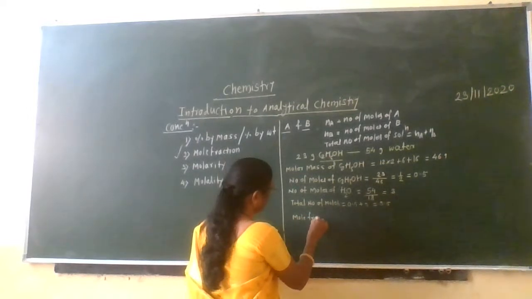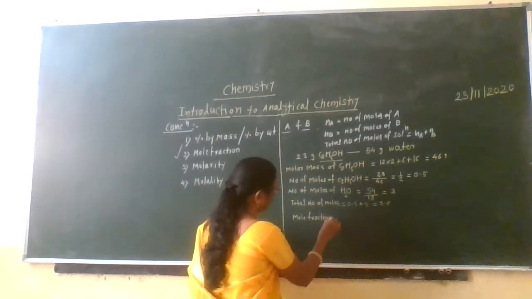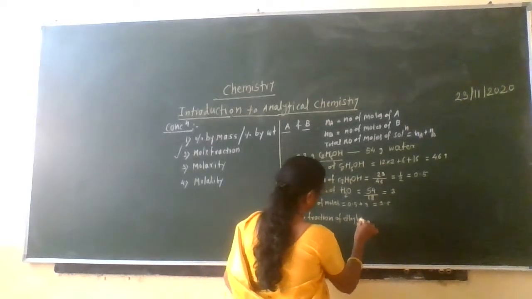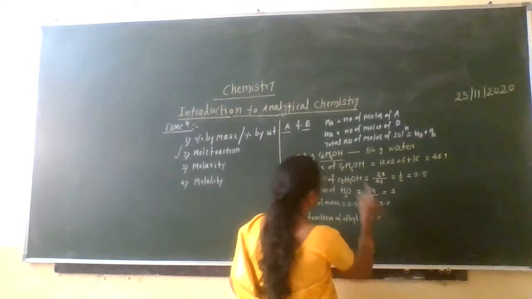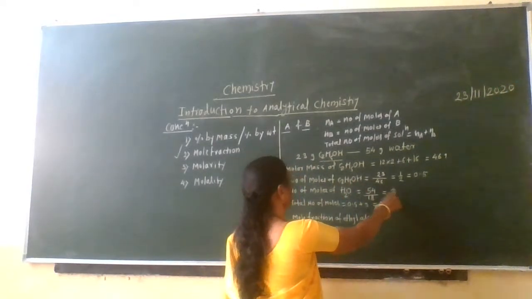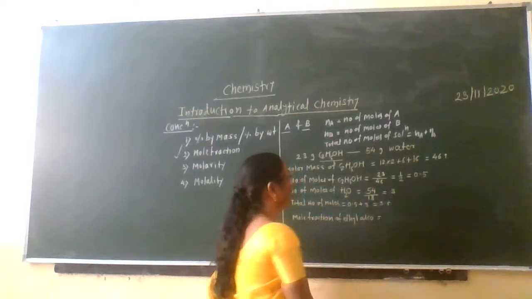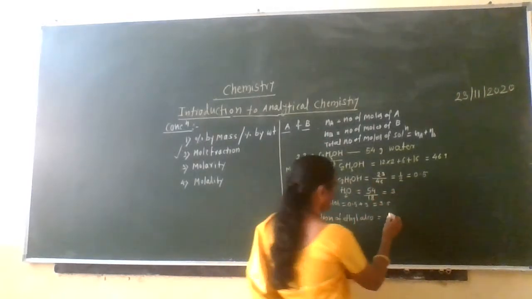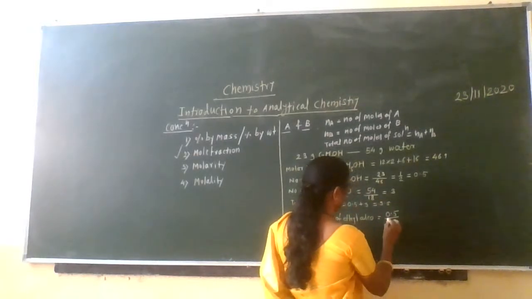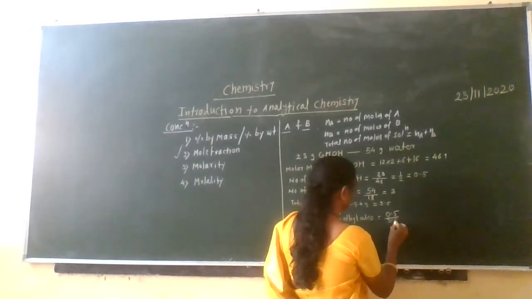According to the formula, number of moles of the ethyl alcohol divided by total number of moles. That means here we can directly write 0.5 divided by 3.5.